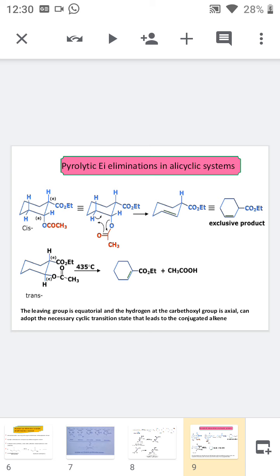See here, the OCOCH3 and the hydrogen present in the ethoxy group form a transition state and elimination will occur. So we will get a double bond, which is the most substituted. Here we can see that the cis and trans isomers give different products during the pyrolytic Ei elimination.